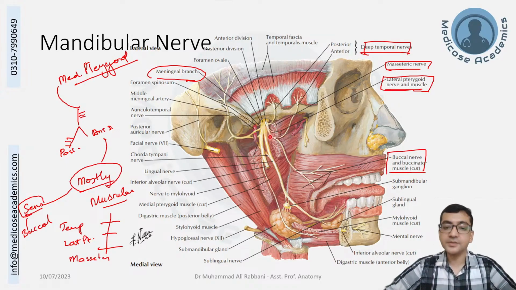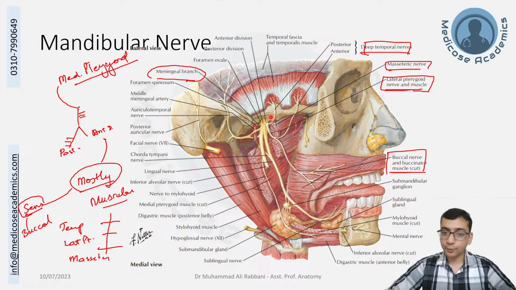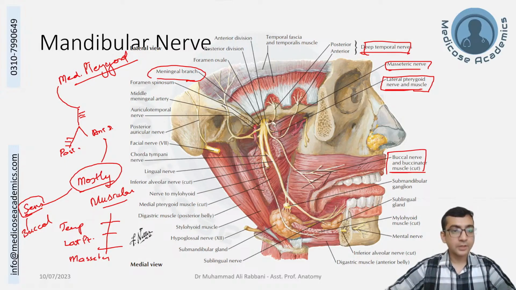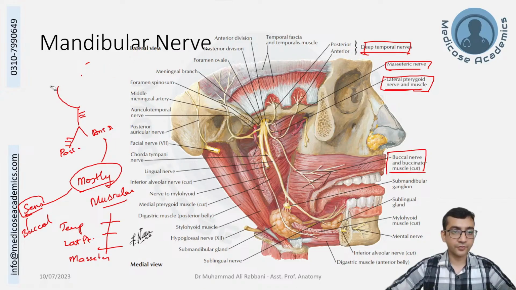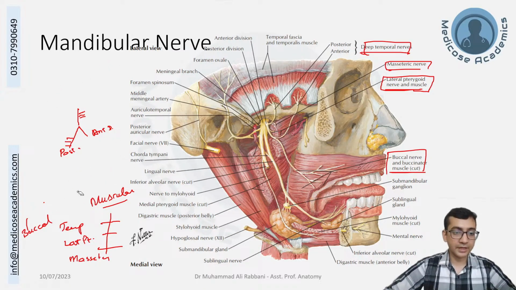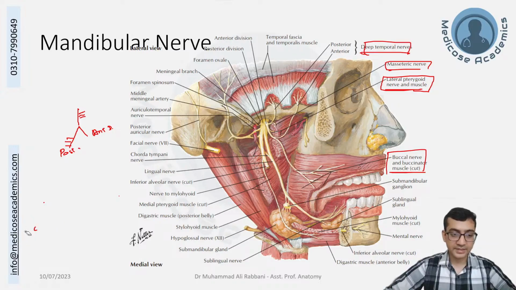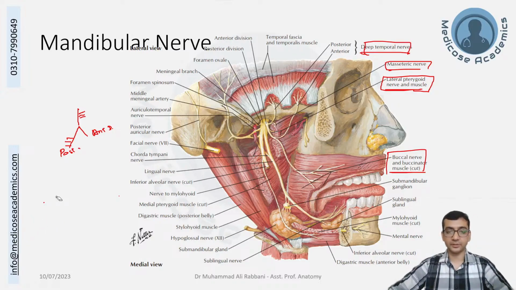Sometimes the lateral pterygoid nerve arises as a part of the buccal nerve. Sometimes one of the temporal nerves and the masseter nerve arise from a common trunk. So these are the different things that we just discussed. We are done with the anterior division that was mostly muscular. It has one sensory nerve and all the others were motor.